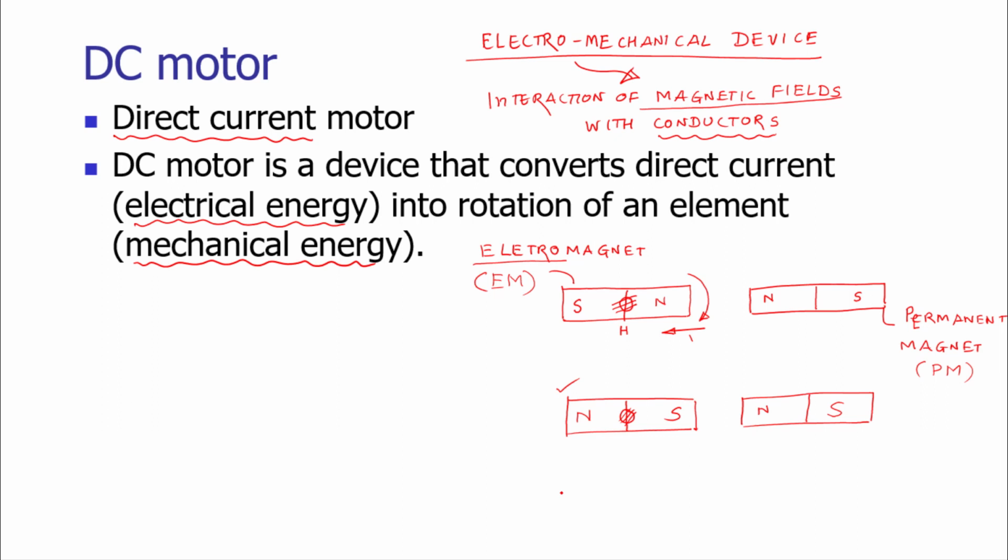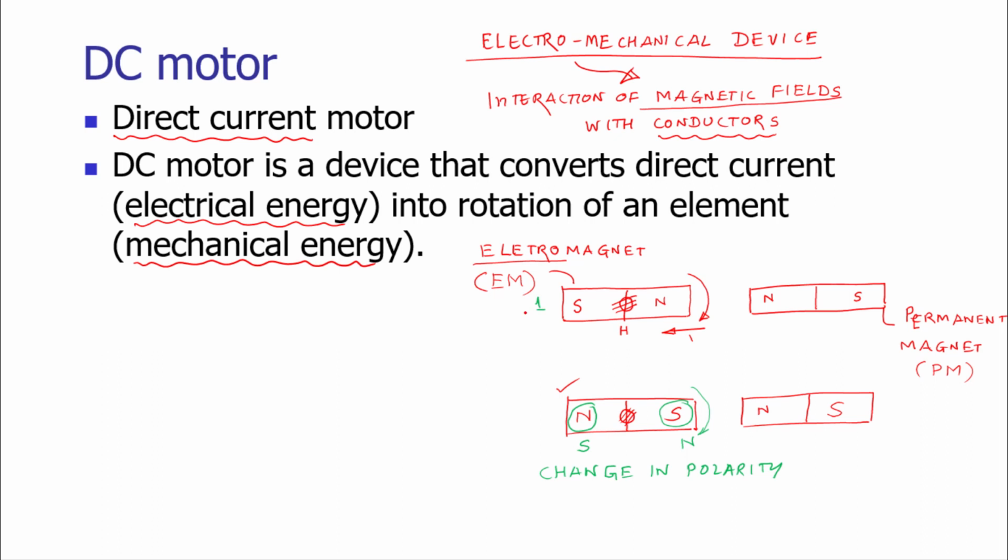Now, if I change the polarity of the supply of electricity to this electromagnet, the south pole will be converted into north pole and the north pole will be converted into south pole. Due to the change in polarity, again we are getting two similar poles near to each other. Due to the repulsion of the similar poles, we get a force acting on the electromagnet, but it is hinged, so that force will be converted into torque.